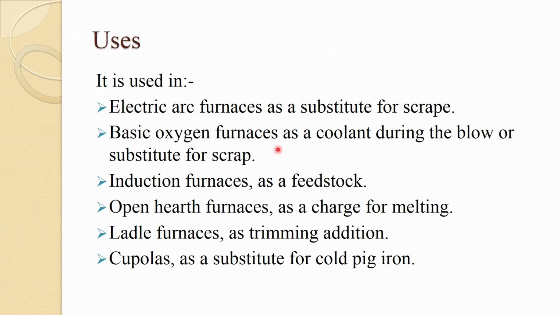Similarly, in the basic oxygen furnaces, it is used as a coolant during the blow or as a substitute for scrap. In induction furnaces, it is used as a feedstock. Open arc furnaces, which are not much in the market anyway, use it as a charge for melting. In the ladle furnace it is a trimming addition, and in the cupola it is a substitute for cold pig iron.